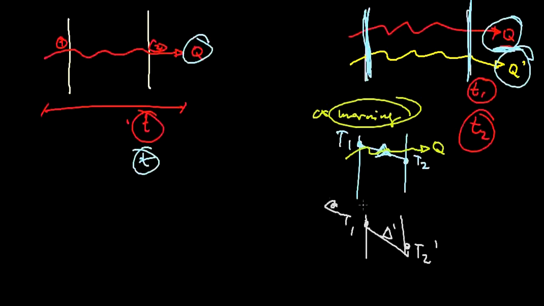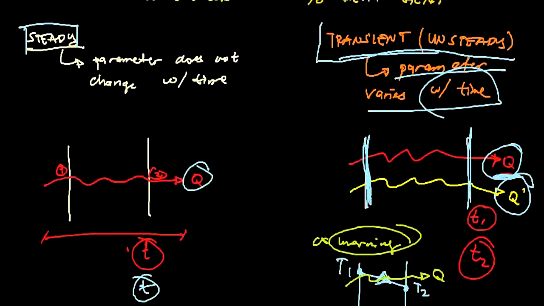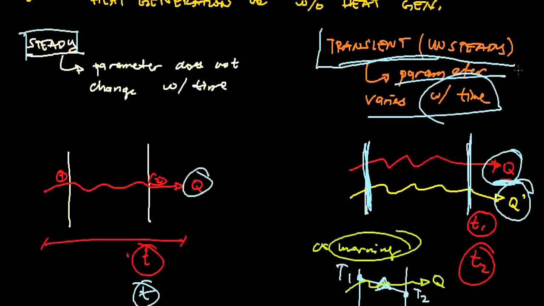So at time 2, say this is the afternoon condition, then you can see that you can have a different value of your Q or your heat flux for this same material, this same wall, right? So actually speaking, nature is really in transient condition.